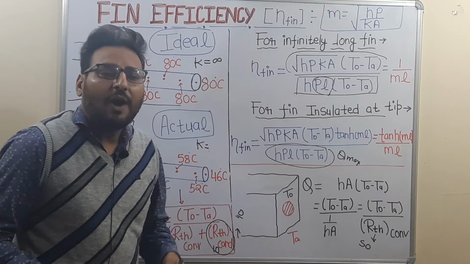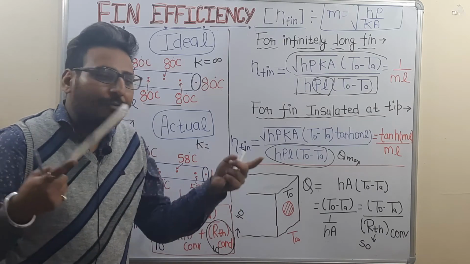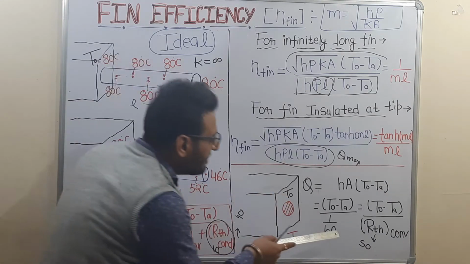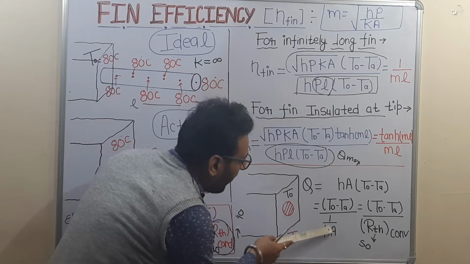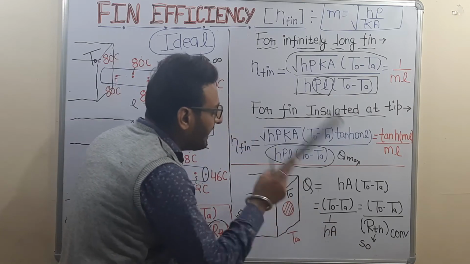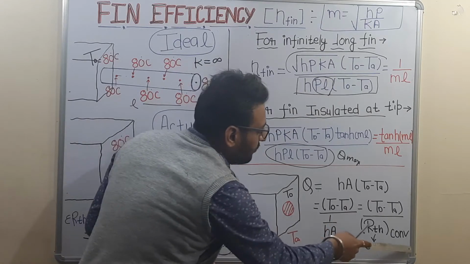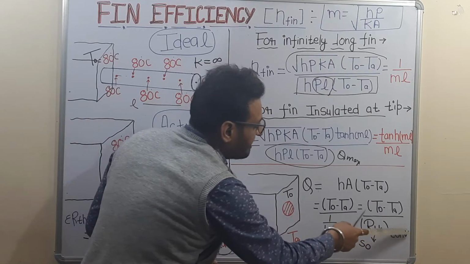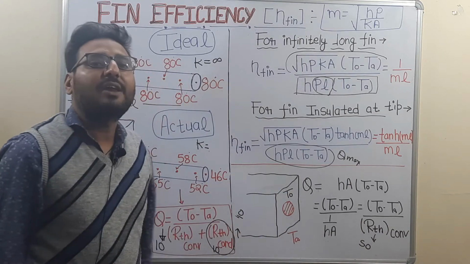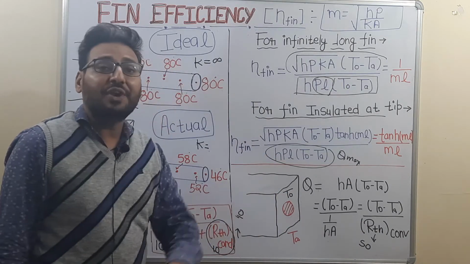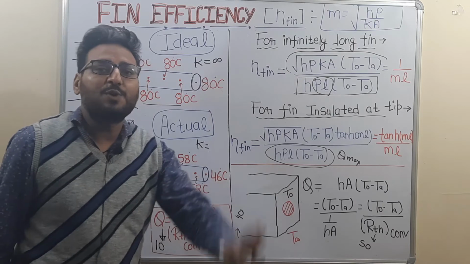As we already know, our basic motive of applying a fin to this wall is to increase the surface area exposed between the wall and the atmospheric air, and by doing this we reduce the thermal convective resistance, and in this way we increase the heat transfer rate between the wall and the atmospheric air.